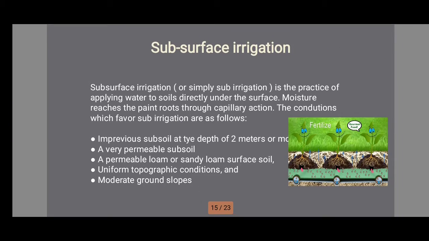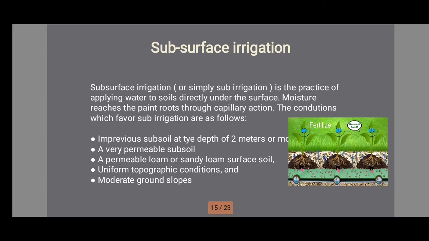Next is the subsurface irrigation. Subsurface irrigation is the practice of applying water to soil directly under the surface. Moisture reaches the plant roots through capillary action. The conditions which favor sub-irrigation are as follows: impervious subsoil at a depth of 2 meters, a very permeable subsoil, and permeable loam and sandy loam surface soil.